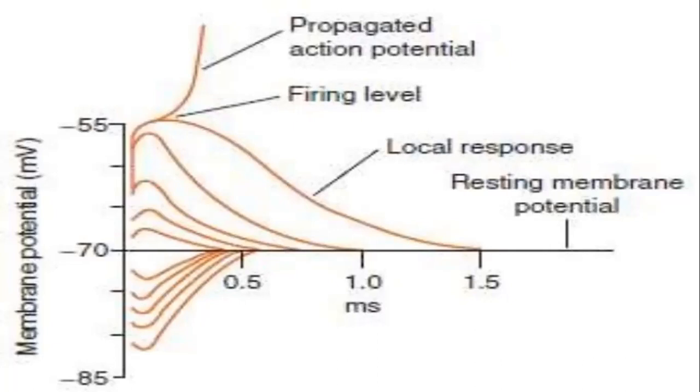Subthreshold stimuli do not produce an action potential, but they have an effect on the membrane potential. We can demonstrate this by placing recording electrodes within a few millimeters of a stimulating electrode and applying subthreshold stimuli of fixed duration.